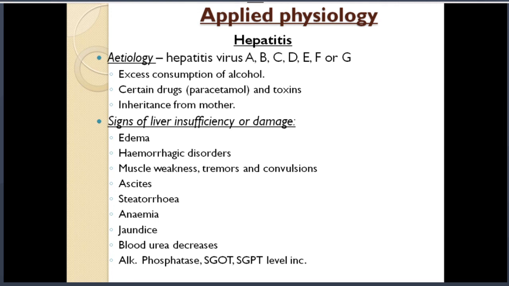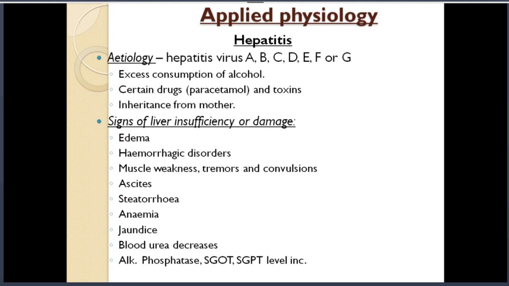Now, when we have discussed applied physiology, we have discussed jaundice. Other disorders are hepatitis and gallstone. Hepatitis mainly is viral hepatitis caused by B, E, and G. Hepatitis B is most common.